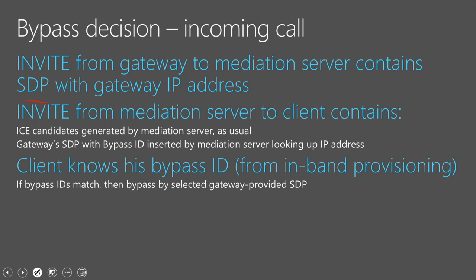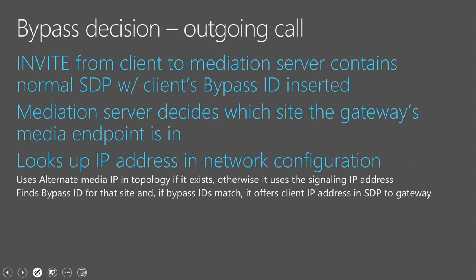And we really are looking to see, is the gateway media endpoint and the client in the same site? If so, we should do bypass. So it's a little different decision for incoming calls and outgoing calls. And I have that covered here for you. It's really just to illustrate, everybody's involved in making this bypass decision. So you can come back and refer to this.